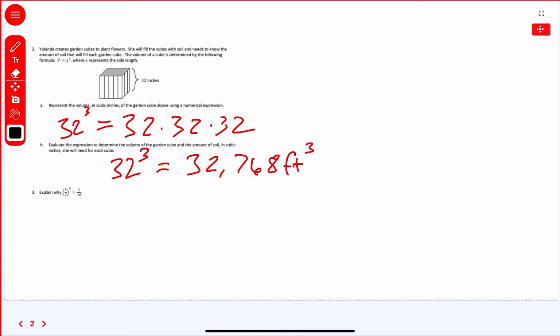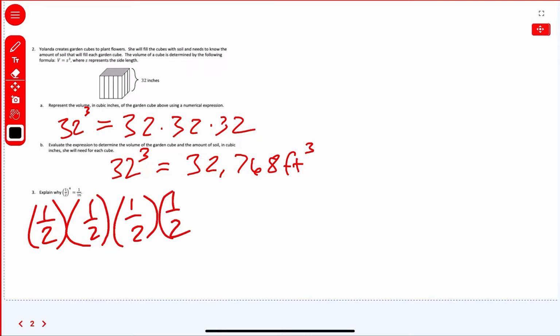You could do that, or you could just work the problem out. How would you work this problem out? Well, we would say 1/2 times 1/2 times 1/2 times 1/2. And I would do this. This would be 1/4. This would be 1/4. 1/4 times 1/4 is 1/16.